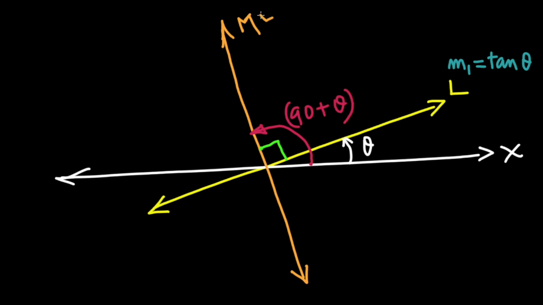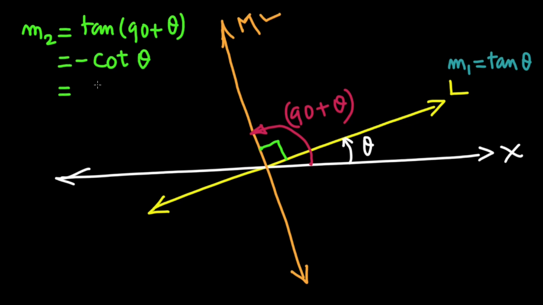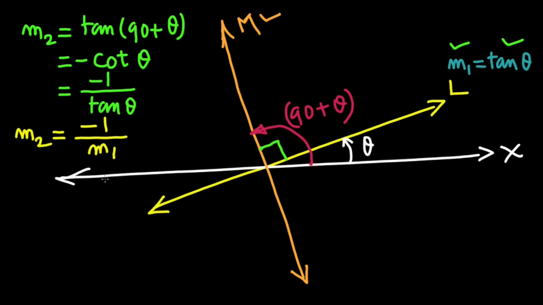Slope of line M will be m2 equals tan of 90 plus theta, which will be minus cot theta, that is minus 1 by tan theta. But tan theta is m1, so m2 will be minus 1 by m1, or by cross multiplication m1 multiplied by m2 will be minus 1.